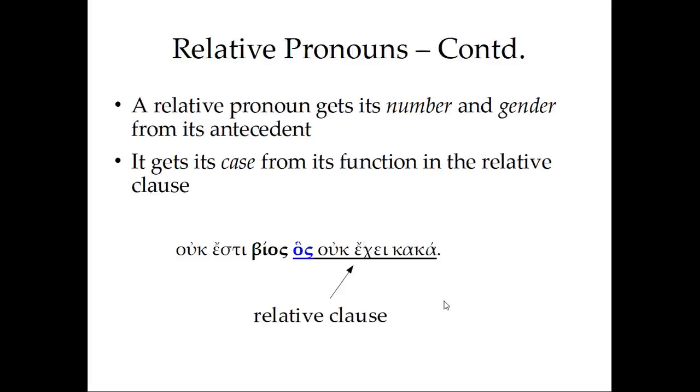So here the that is the subject of our relative clause. So we need this to be the nominative. So nominative we get from the function of the relative pronoun in the relative clause. Number and gender, singular masculine in this case, from the antecedent. And so this is going to be nominative singular masculine. And that's how we arrive at this particular form.